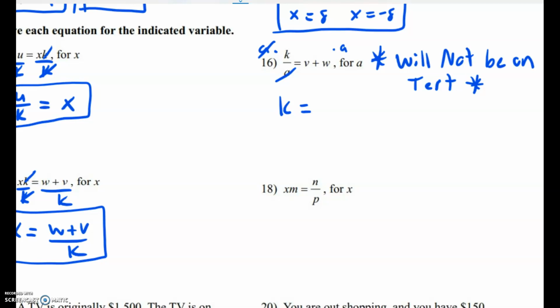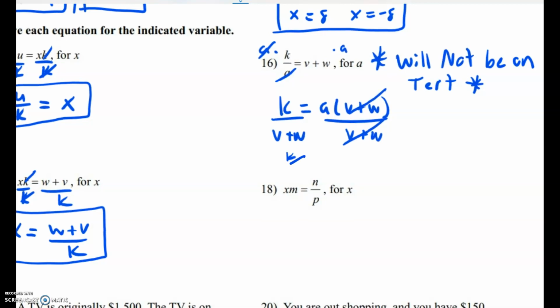So this is a times v plus w. So that's one way to write it. And then I want to get rid of the v plus w, so I'm going to divide by v plus w since it's being multiplied by a. So once again, this one won't be on the test, but the answer is k over v plus w.